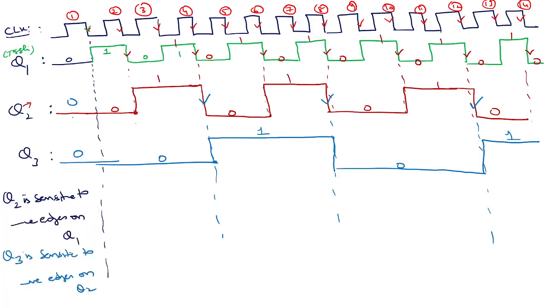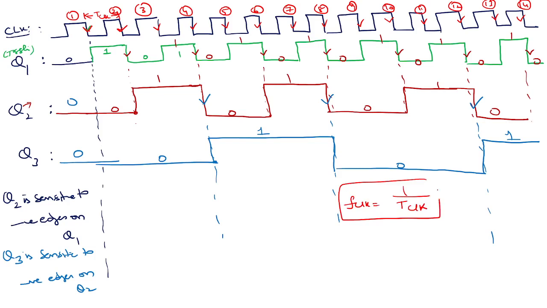Next question is, what is the frequency of each output? Let's say this is the clock time period, between one negative edge and another negative edge. We all know T clock is the clock time period, then F clock is 1 over T clock.